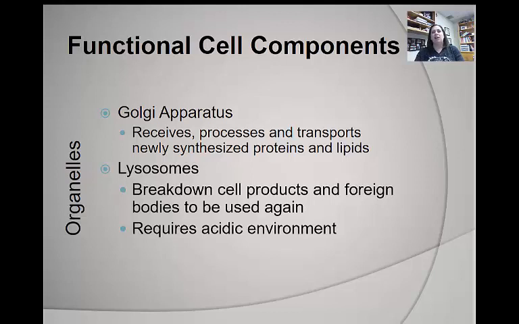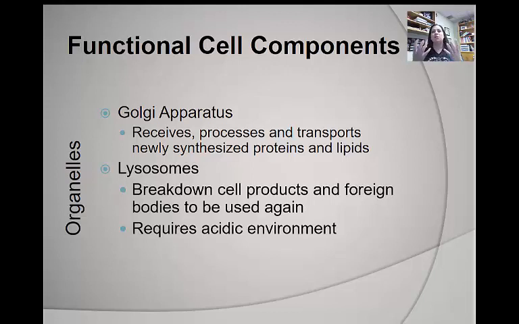Now, the lysosomes, on the other hand, are kind of like the waste management of the cell. They're going to break down the cell products and the foreign bodies so that they can potentially be used again. So they're going to recycle what they can. The issue, though, is that in order for the lysosomes and their enzymes to do their job, it requires an acidic environment. And so the inside of the lysosome is very acidic.